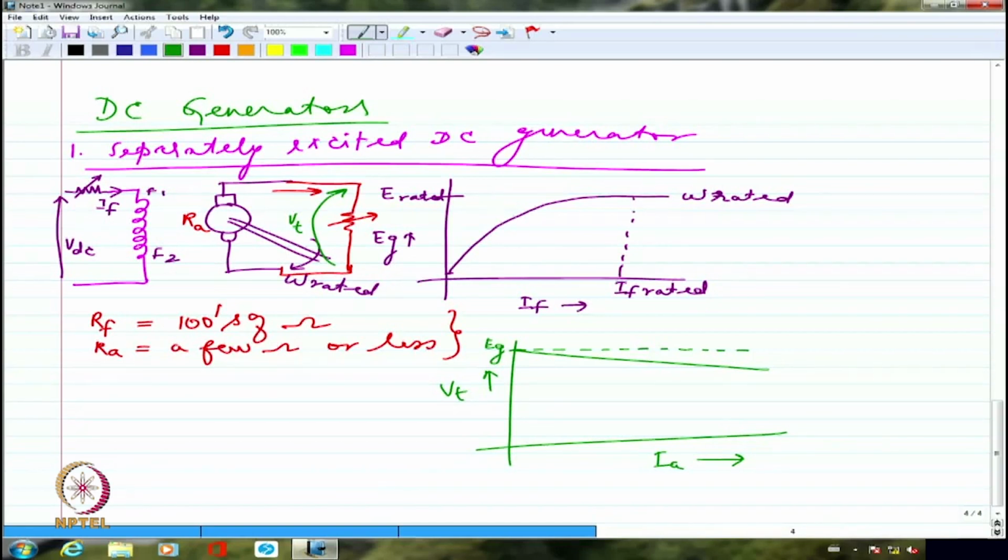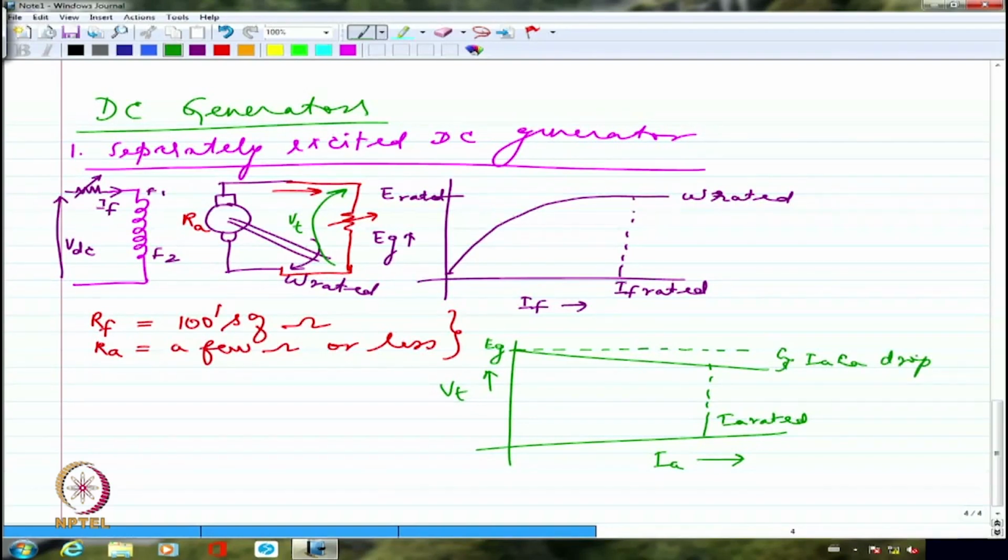So I will have generally the drop in the voltage, IA RA drop, as compared to what is EG, the original generated voltage, it will be less than 5 to 7%. It will not be definitely more than about 7-8%. So this is really, really small. If I say this is the rated current, so this is IA rated, I'm going to have this drop, IA RA drop.